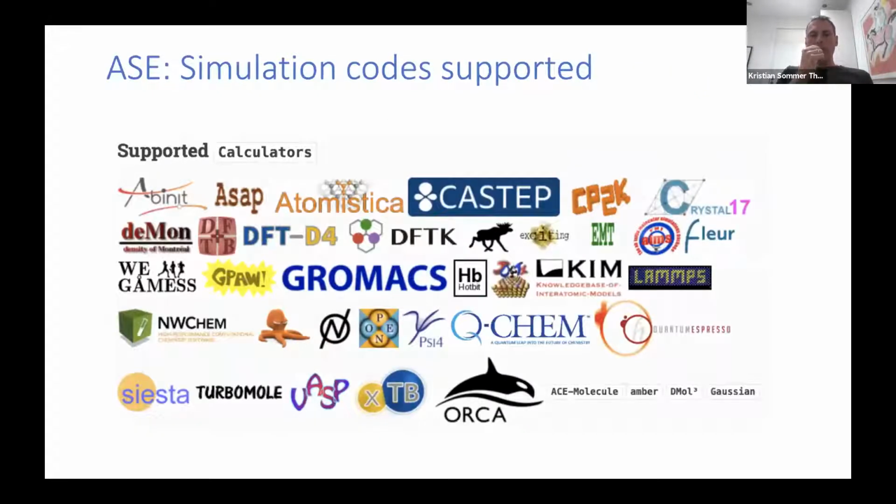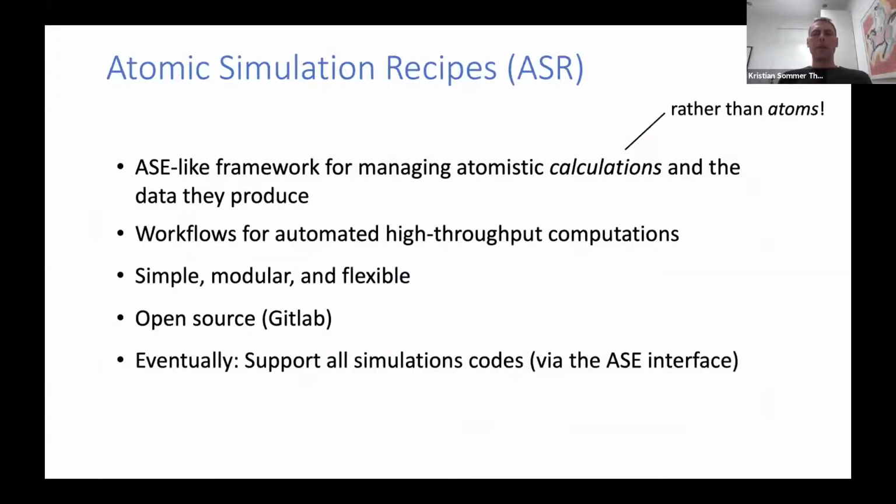And here is an overview of the different DFT codes and classical interatomic potential codes that are interfaced with ASE as of today. And you can probably find your favorite DFT code here somewhere among all these. I think there are about 40, something like that. Okay, so enough about the ASE.